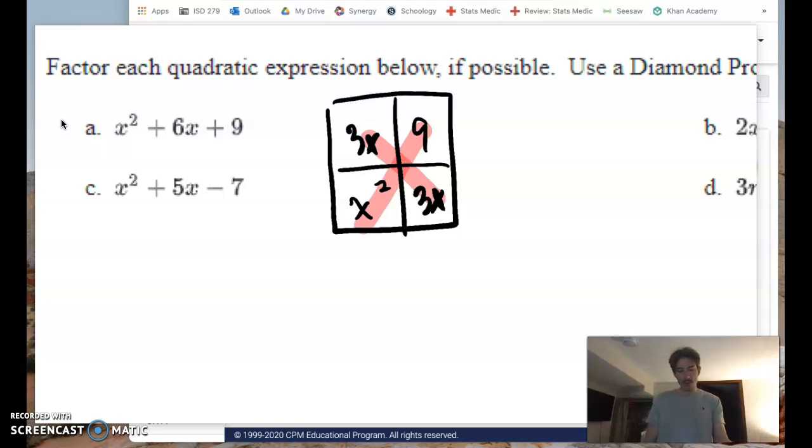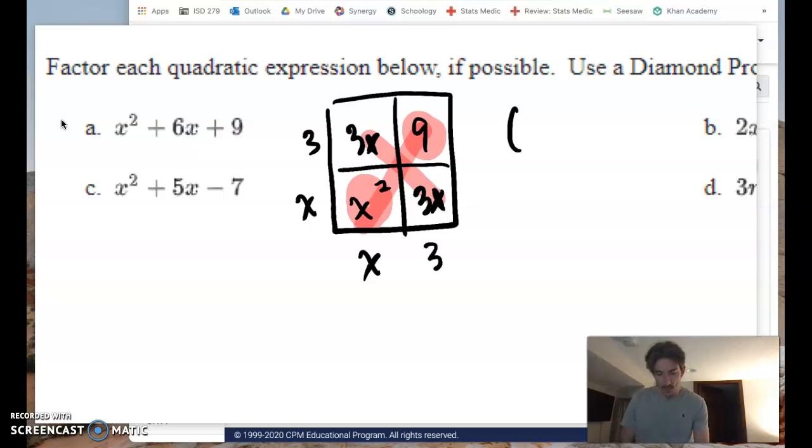What I'm going to point out here is that if I start to factor this and ask what kinds of things make x squared, well, that's an x and an x. And what kinds of things make 9 that also make a 3 when I multiply by x? It's going to be a 3 there and a 3 there. If I recognize outright that this is a perfect square, because x times x is x squared, and that 9 is a perfect square because 3 times 3 is 9, then look at what happens with this factorization.